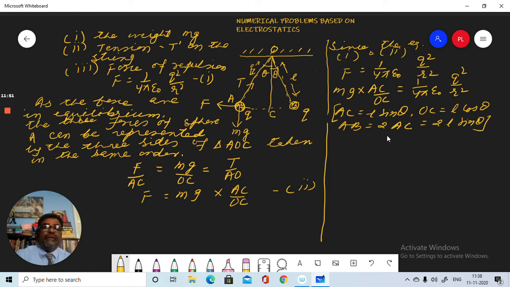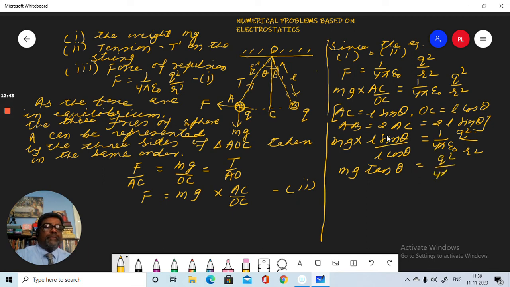Now substitute these values here, so you get mg into AC is L sin theta upon OC is L cos theta is equal to 1 by 4 pi epsilon naught Q square by R square. Here L and L get cancelled, so you get mg tan theta is equal to Q square by 4 pi epsilon naught R square.